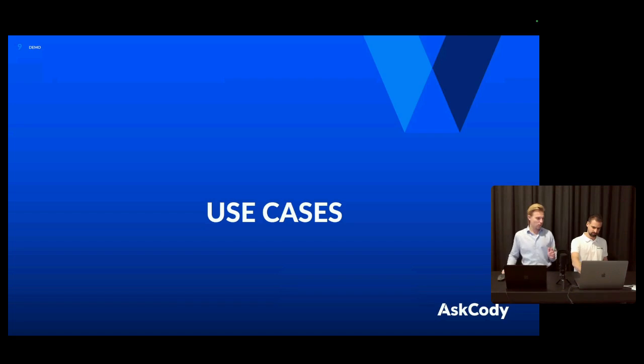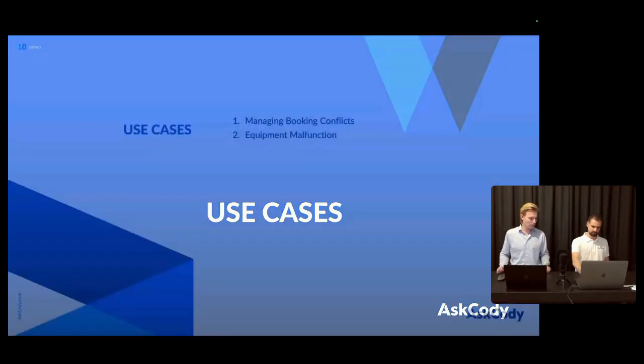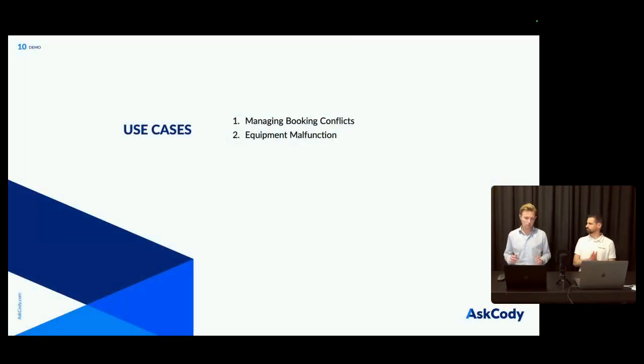As you and I have also said in the very early beginning, we could jump into a lot of use cases with this tool, but we have decided to focus on two of the, let's say, most commonly used cases we have discussed with customers and what we hear from the market. The one is, how can you manage meetings when there is a booking conflict?